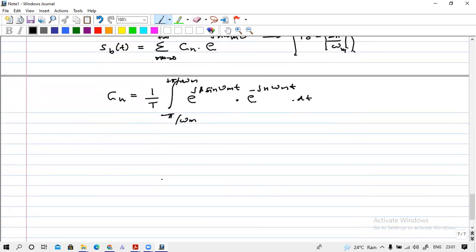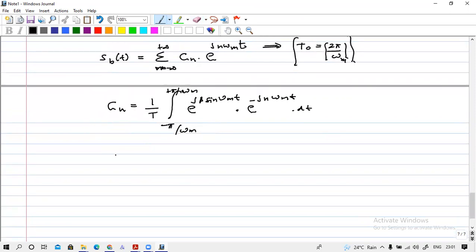Now I'm going to write it again. So 1 by T, here it is T naught, T naught is equal to 2 pi by omega m, so we have omega m by 2 pi.